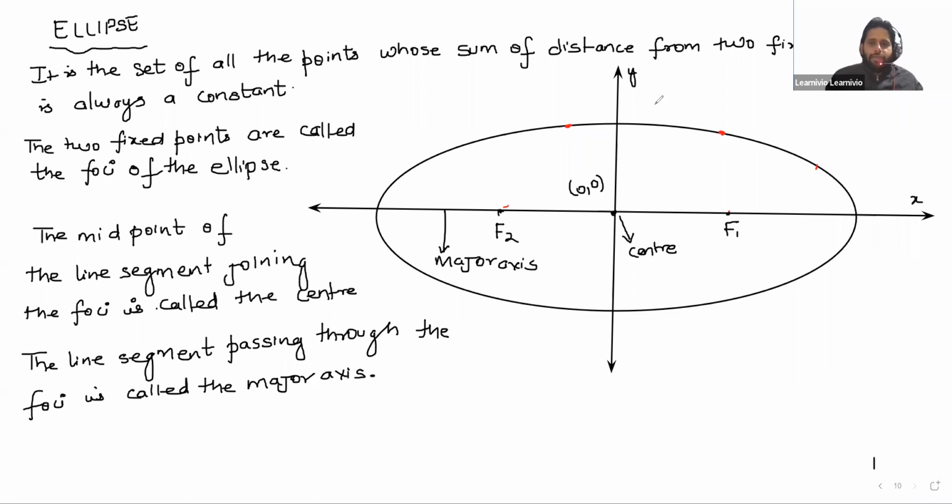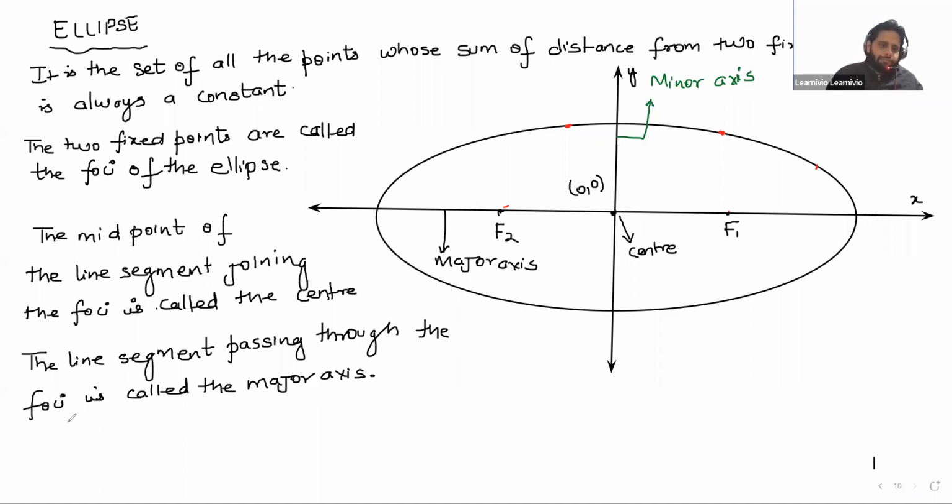Now we have a minor axis. So this is the minor axis. What's the minor axis? The line segment which passes through the center and is perpendicular to the major axis.